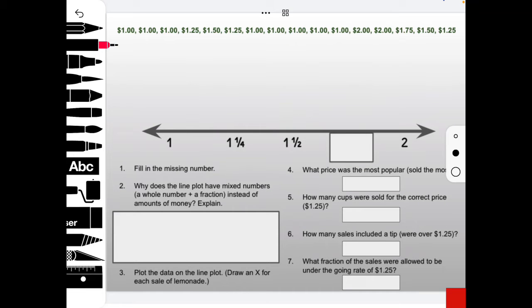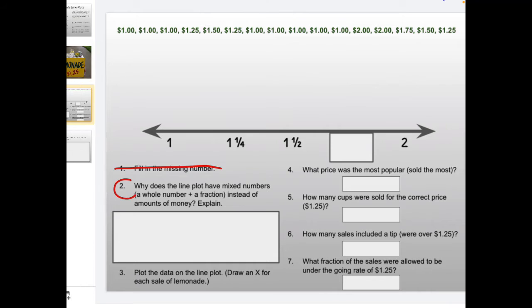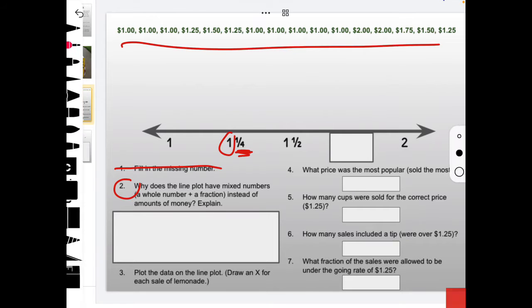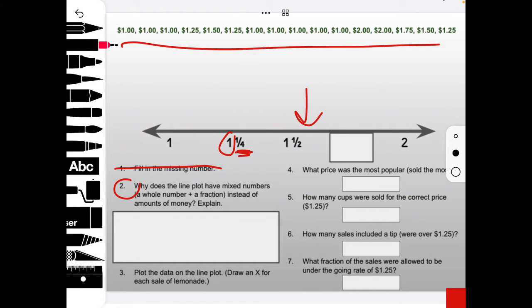So I completed question number 1. Question number 2: Why does the line plot have mixed numbers, which is a whole number and a fraction, instead of the amounts of money? How come the amounts of money aren't down here?